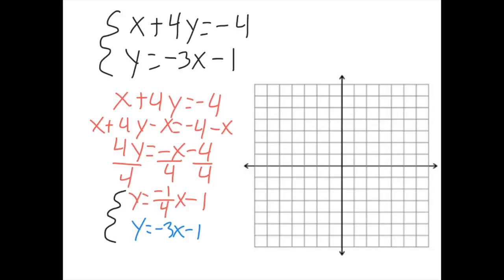So the y-intercept is negative 1. That's 1. Need to change that. Negative 1. And then the slope is negative 1/4. So we would go down 1 and to the right 1, 2, 3, 4.